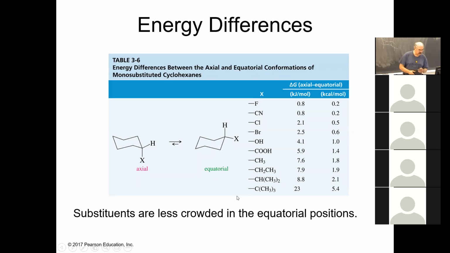Okay, if we have a tert-butyl group, I'm going to go ahead and make a model of that. We have a tert-butyl group.